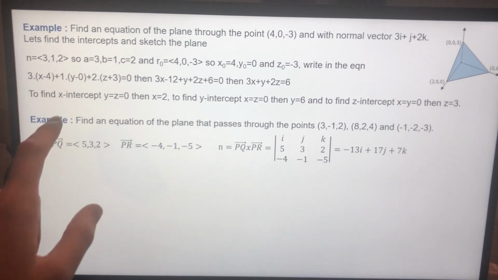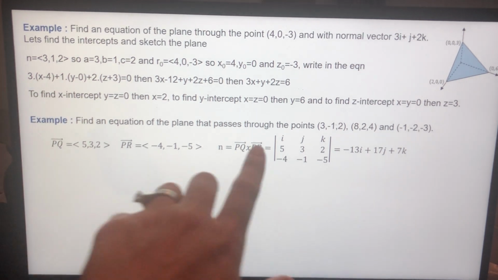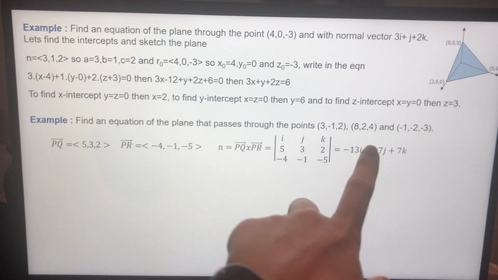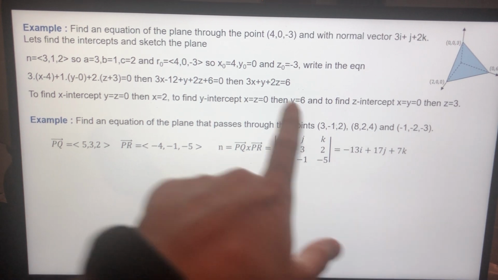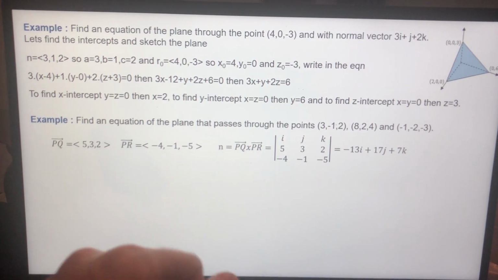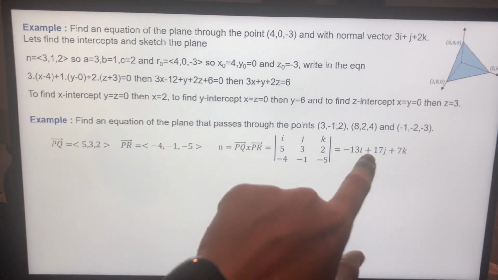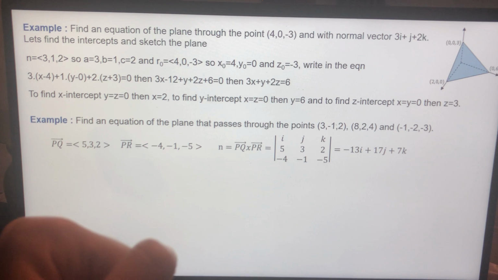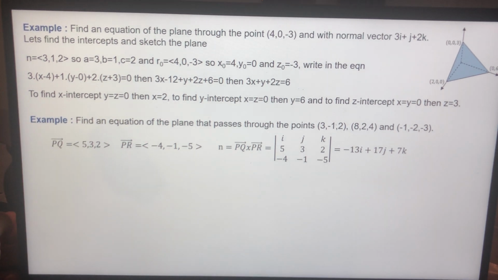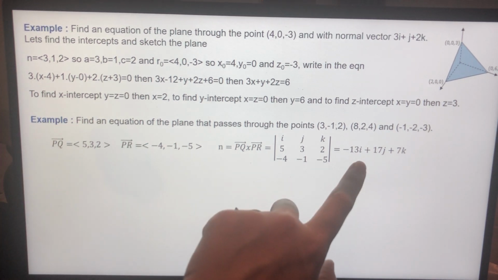That's why once you have PQ and PR, you can take the cross product of them and you will find a vector that will be orthogonal to both PQ and PR. Which means that since your PQ and PR vectors are on your plane, this vector is going to be orthogonal to that plane, which will be your normal vector. Okay? So this is your normal vector.